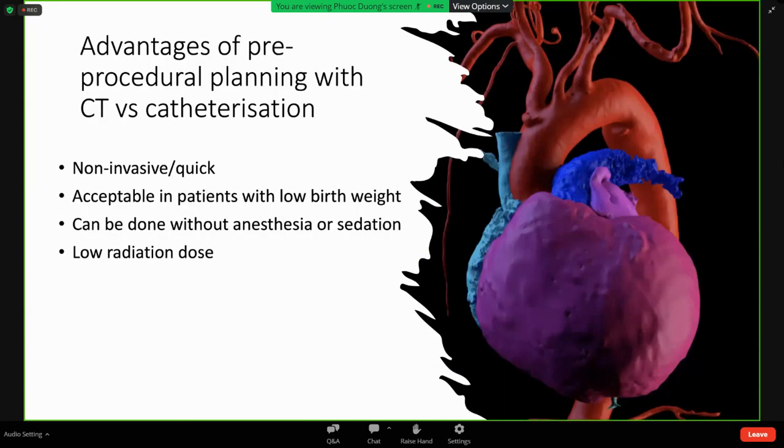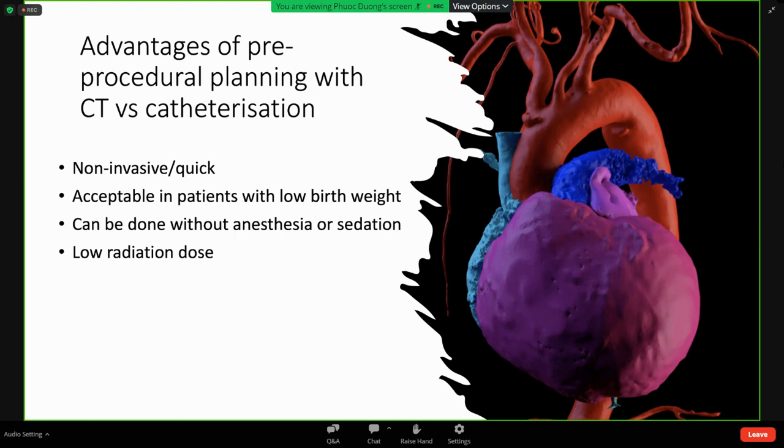CT is actually quite easy to do. It's non-invasive and really quick, and in most situations it does not require general anesthesia at all. This is useful for cases when these babies, infants and neonates, are really, really small. The birth weight is really low, and putting them to sleep under general anesthesia is a challenge, particularly if you interrogate them for 1 hour, 2 hours with catheterization.